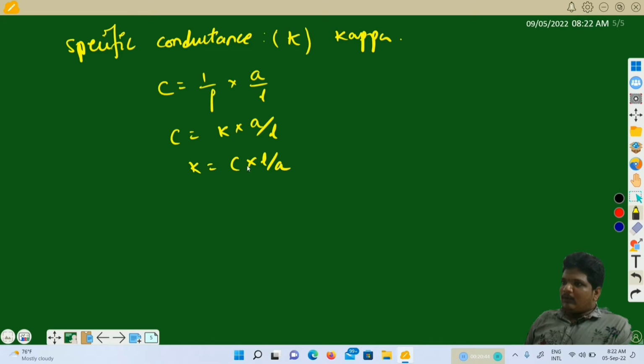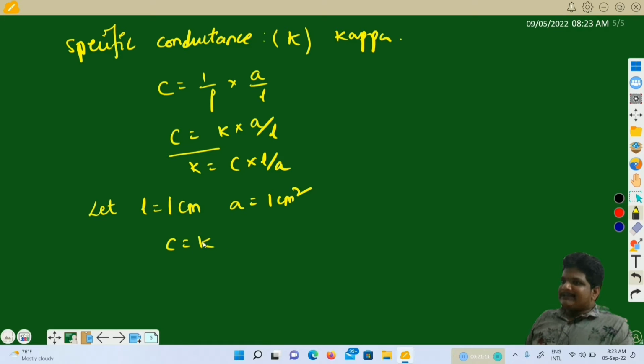Okay, so what is the definition of this specific conductance? Now, if the two electrode plates are separated by 1 centimeter and the area of cross section is 1 centimeter square, then this equation becomes C is equal to kappa.